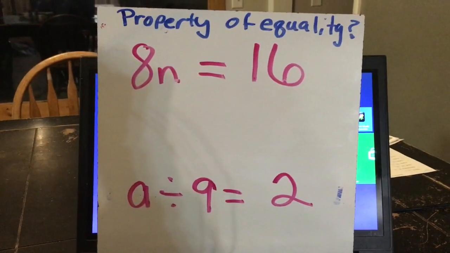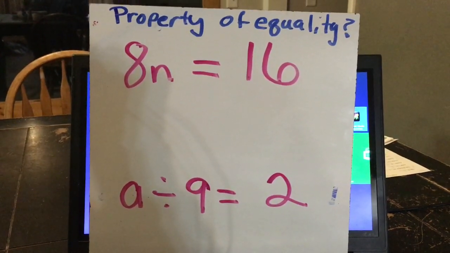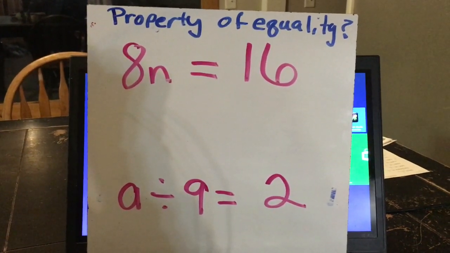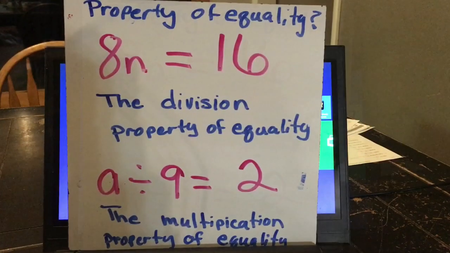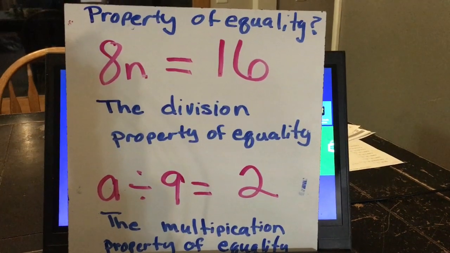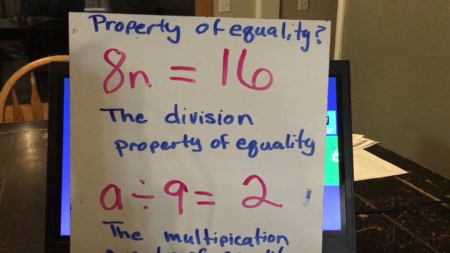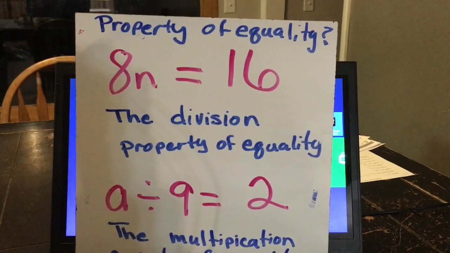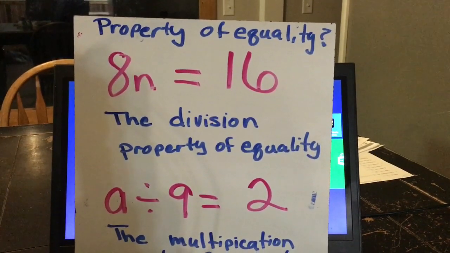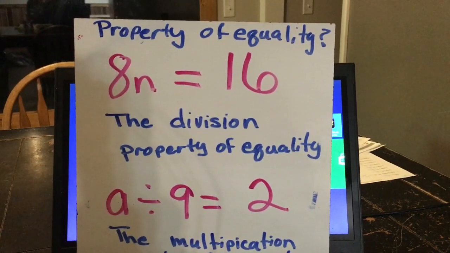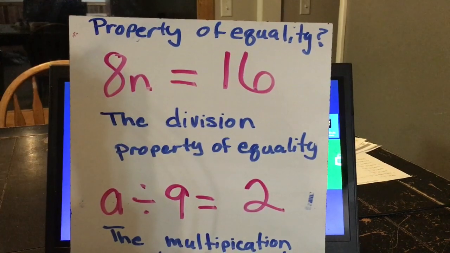Now I have a question for you. Which property of equality would you use to solve these two equations? Pause the video, talk with your neighbor. What do you know? If you chose the division property of equality for 8n equals 16, great job. Remember, 8n is multiplied together, so we have to divide on both sides to maintain the property of equality.